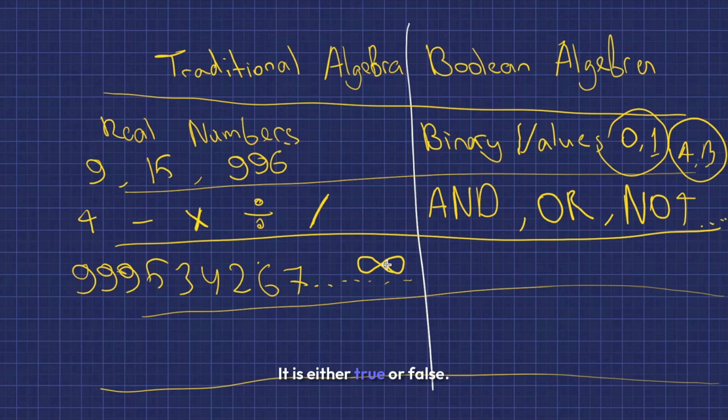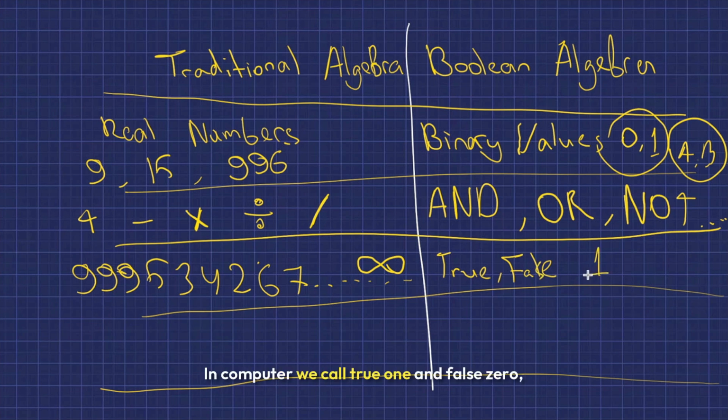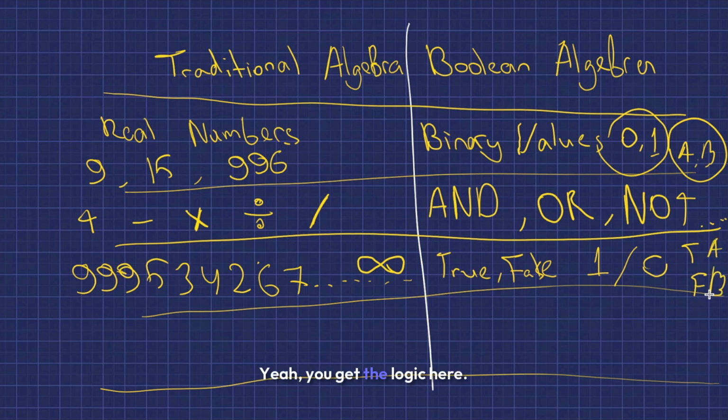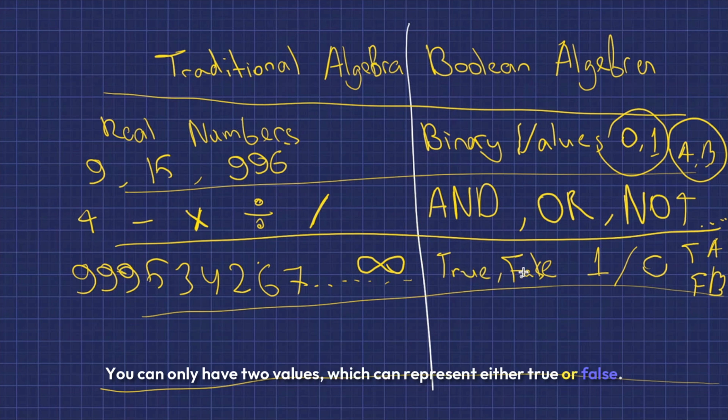It is either true or false. In computers we call true 1 and false 0, but for example in your own logic you can call the true T or F, A or B. Yeah, you get the logic here. You can only have two values which can represent either true or false.